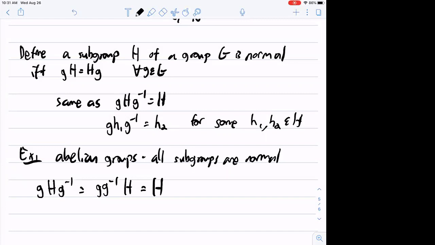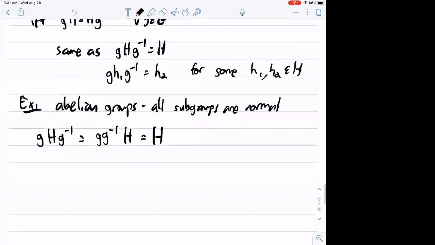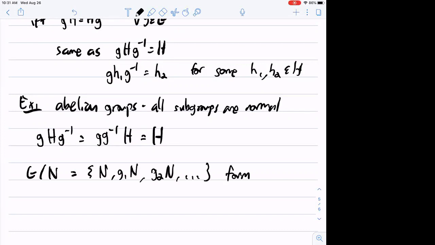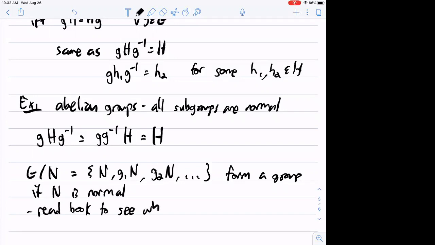So abelian groups, every subgroup's normal. Now remember, G mod N is the set of left cosets, and this forms a group if N is normal. I suggest you read the book, or try proving it yourself, to see what fails if N is not normal.